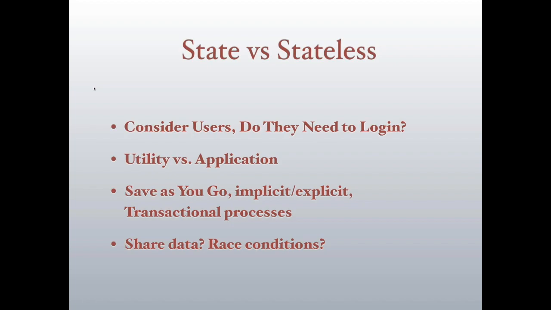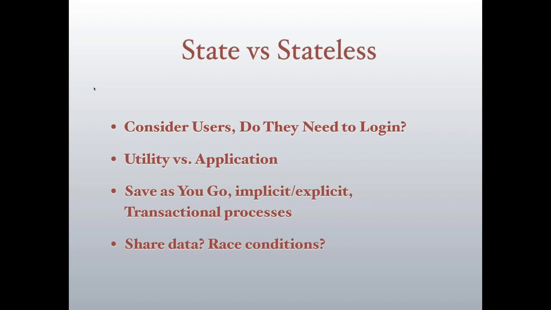Can you please elaborate more on the difference between a utility application, a utility web page, and an application page? When I think of utility, and this is again stateless, these are things where they don't care whether you come and go. A calculator is something where you enter some numbers and get some stuff back.